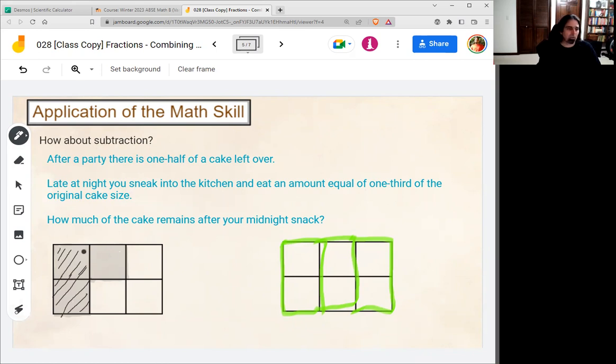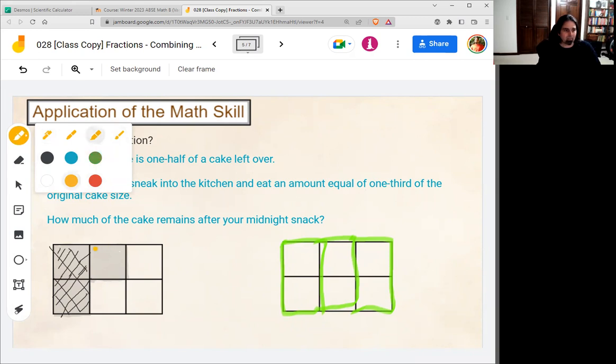So the gray is what I had left over after the party. The one that I have cross-hatched is the one that I eat at midnight. How much is still there? That's just 1 out of the 6 pieces.